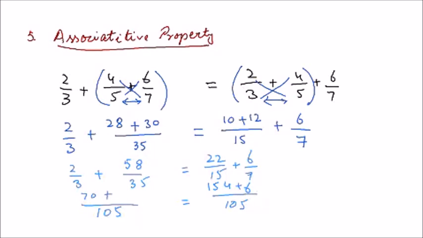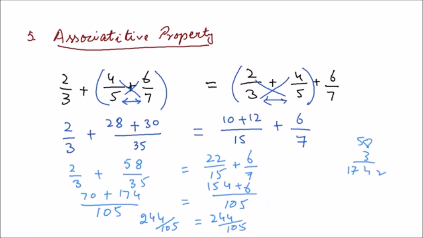What do we get? 174. And in both cases we get the same answer, 244 over 105 is equal to 244 over 105. So both the sides are equal. It means that these rational numbers have associative property.